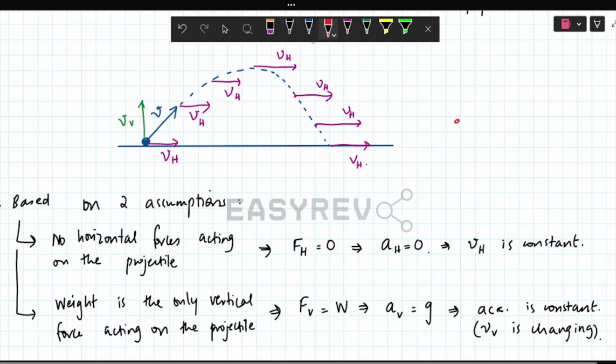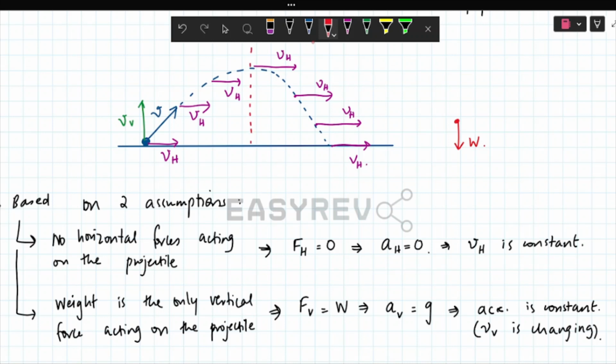Now, when you think of the weight, that will of course always be vertically downwards. For the first half of the projectile's motion, the projectile is being sent vertically upwards, right? That upward motion is obviously in the opposite direction to the weight itself. Therefore, there will be a decelerating sort of an effect, where the weight is downwards, and the acceleration due to gravity will also be downwards as well.